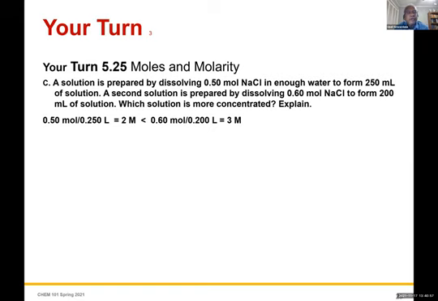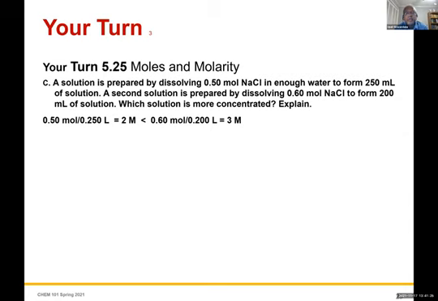So for the first solution, I calculate the molarity: 0.5 divided by 250 milliliters, which is 0.250 liters. Milliliters are converted to liters by dividing by 1000, 10 to the 3. So the molarity of the solution is 2 molar.